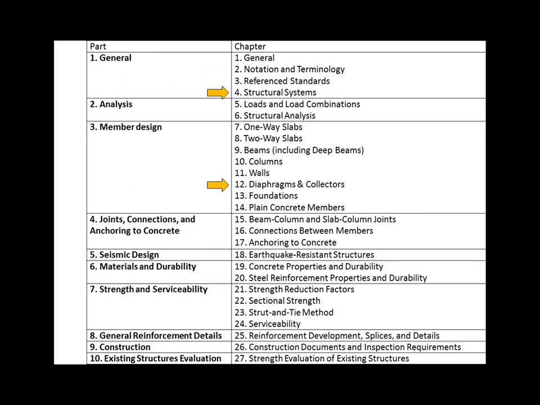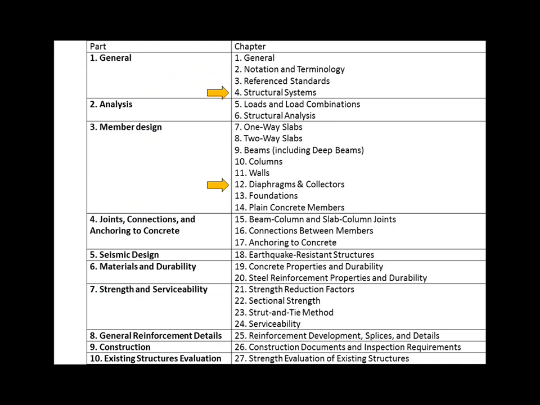And then one of the members that has always been missing from the main body of the code is diaphragms. We've talked about diaphragms in the seismic chapter, where they become very important for developing your structural system, but have never had explicit provisions within the main body of the code covering diaphragm design.